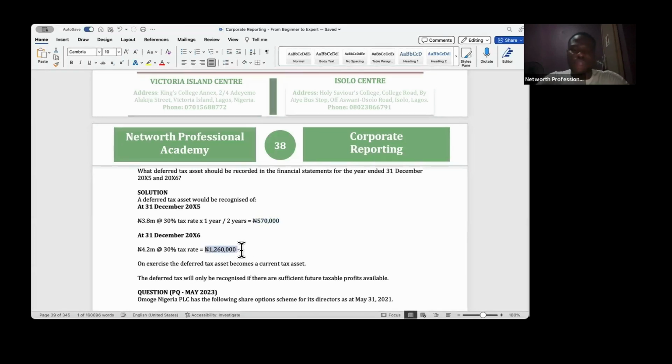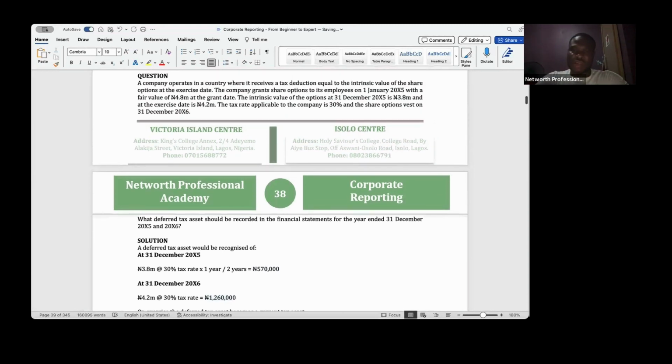So you see, for your exams, these are the mistakes you can make. Number one, I don't think you would forget that the carrying amount should always be 0, because IAS 12 does not deal with carrying amounts of equity. And that's what we need here. So it's always going to be 0. I don't think you will forget that.